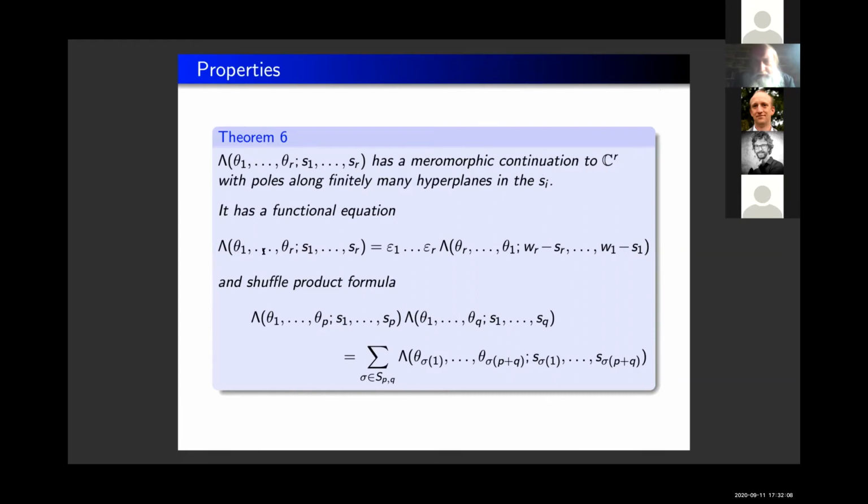It has a functional equation: if you take these R variables s1 up to sR, switch the order and flip them, w_R minus s_R up to w_1 minus s_1, then you get this functional equation. And also there's a shuffle product formula. So if you multiply 2 such mixed L functions, they are a sum of other mixed L functions. So they form an algebra.